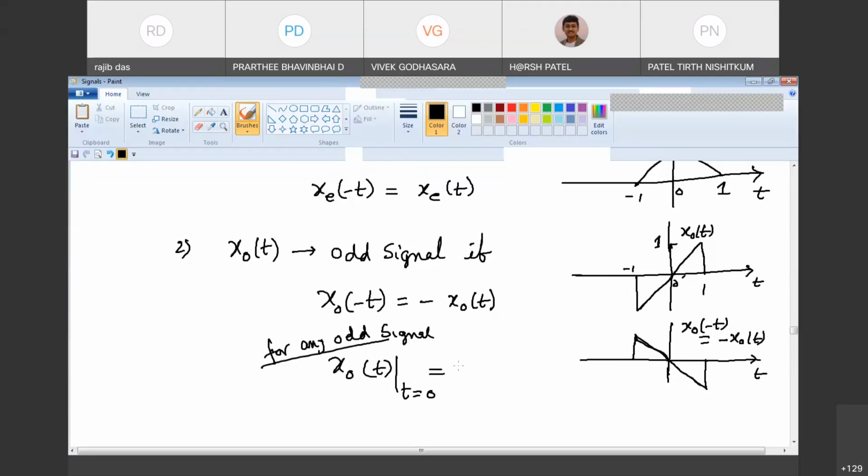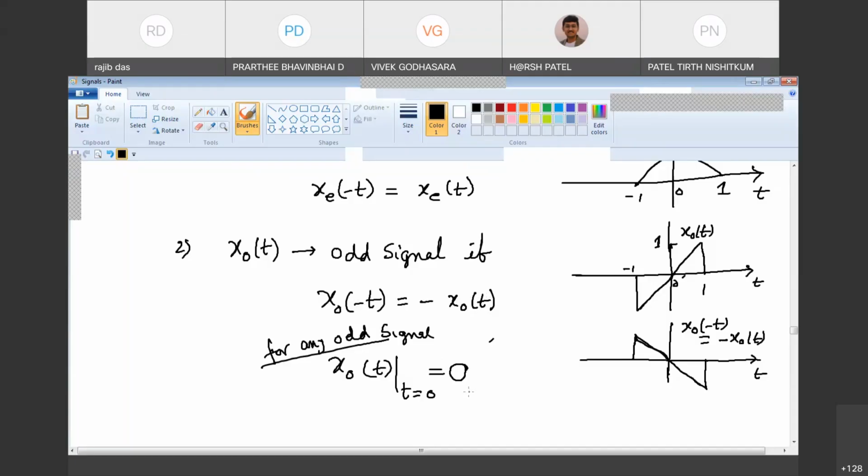If I consider an odd signal, what is the value at t equal to 0? 0. It is always 0, because otherwise they cannot be negative of each other. So at t equal to 0 it is x of 0, this is also x of 0, and it's opposite. So it should be 0.